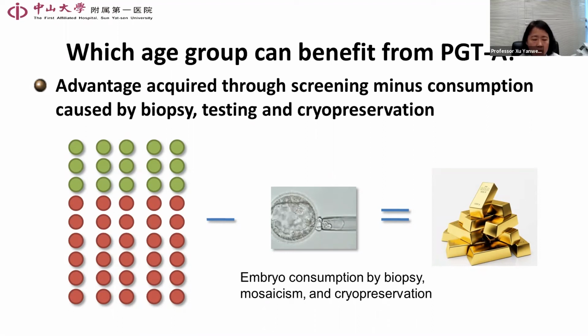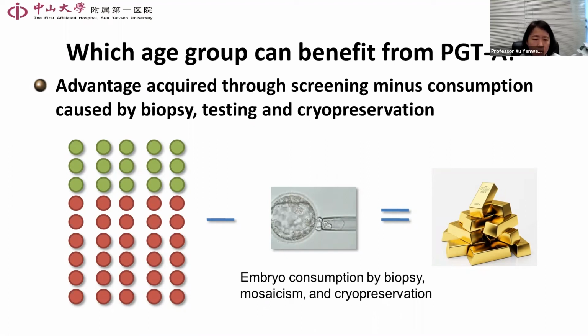Through the embryo screening, she may increase the implantation rate of the first and second embryo transfer cycles, because we can greatly improve the implantation rate of the first or the second transfer cycles through the embryo selection, through the aneuploidy screening.